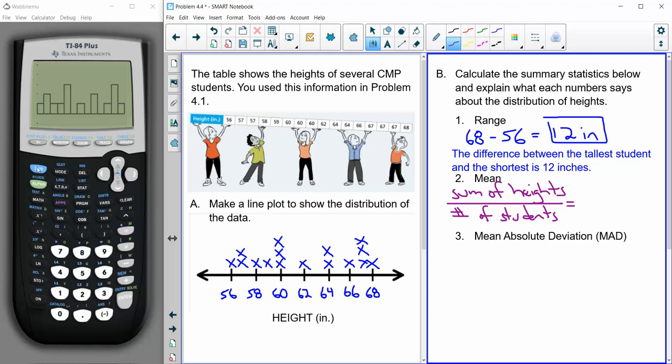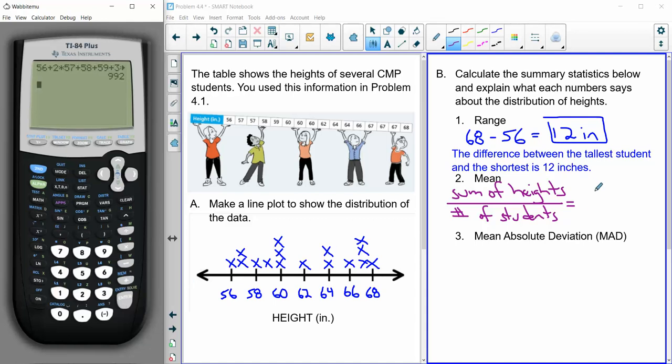All right, so let's add these up. I'll show you some shortcuts here. We've got the 56, the 2 students, so I'm going to do 2 times the 57 plus the 58 plus the 59 plus the 3 students that are 60 inches tall plus the 62-inch tall plus the 2 times 64 plus the 66 plus the 3 times 67 plus the 68-inch tall student.